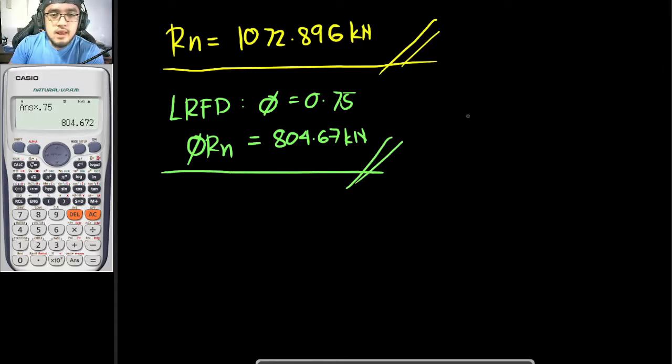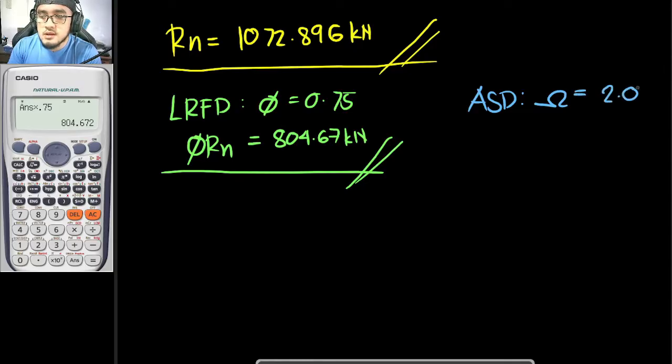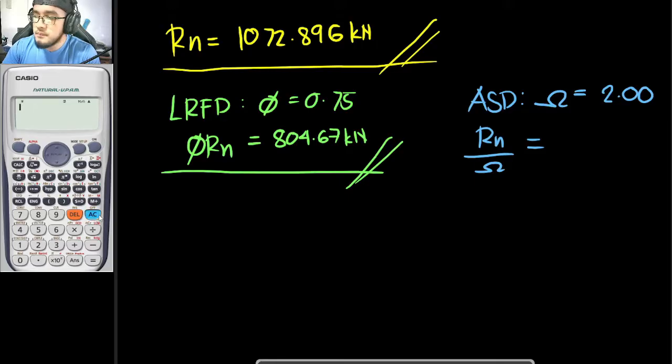And for ASD, same old. If your phi is equal to 0.75, meaning that your omega is equal to 2.00. So, from that, your Rn over omega is equal to 1072.896 divided by 2.